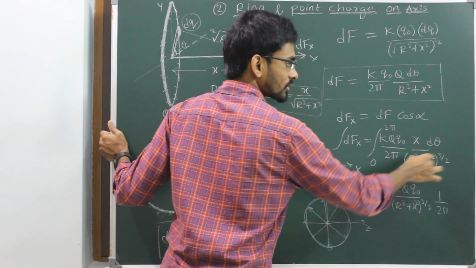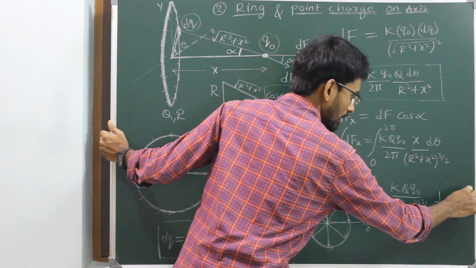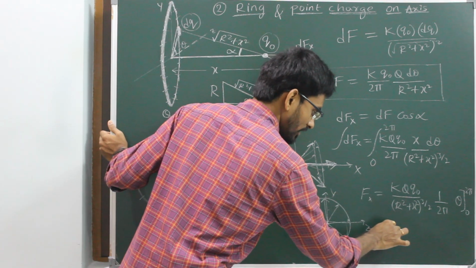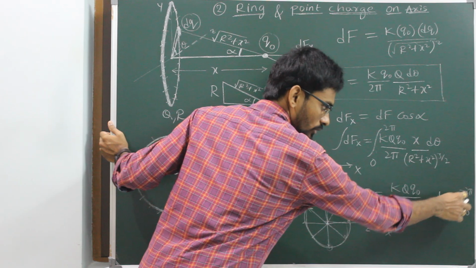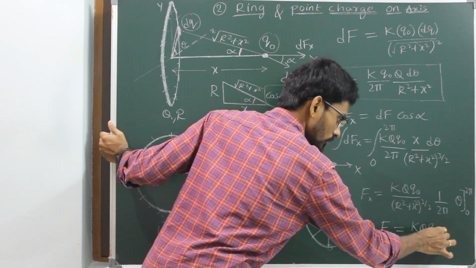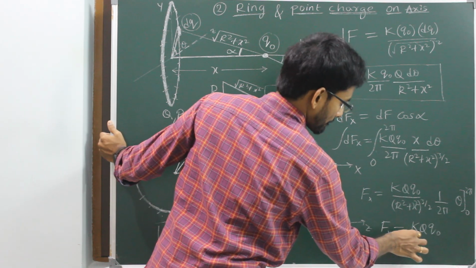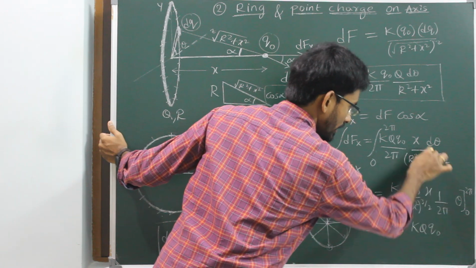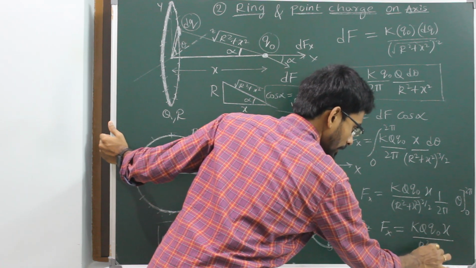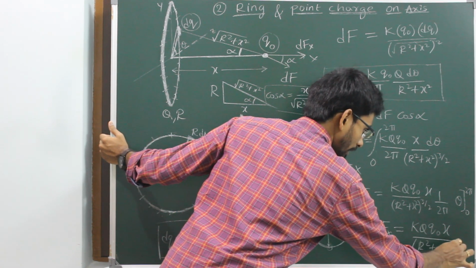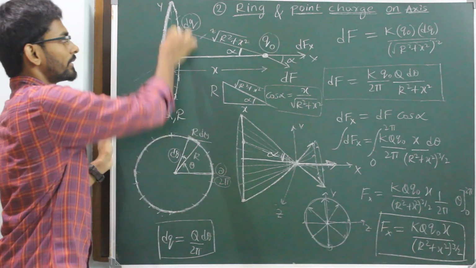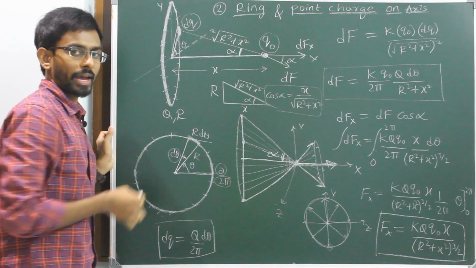Integral d theta will be theta, with limits from 0 to 2 pi. So this will be 2 pi, and 2 pi and 2 pi get cancelled, so we'll get fx as k into q naught into x by r square plus x square whole power 3 by 2. So this is how to calculate the force between a ring and a point charge on the axis.